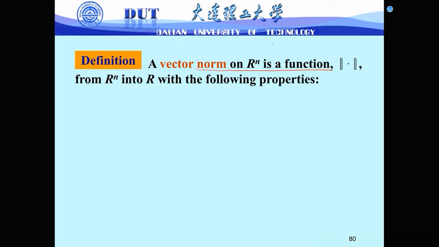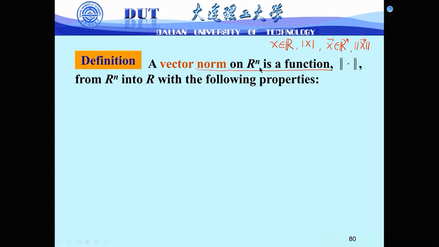If x is just a real number, we use two lines to represent the absolute value of x. Now, we use a double line, where the dot means the vector. So if x is an n-dimensional vector, then we use the double line around the vector x to define the vector norm.